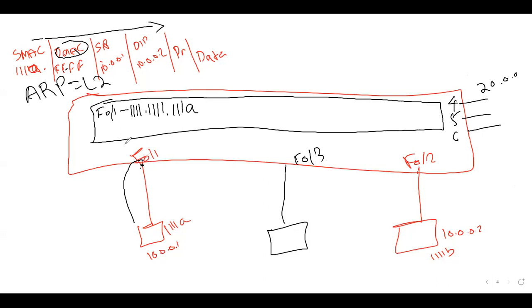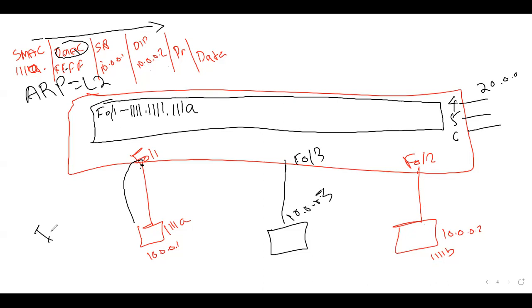Now, this will go to every port, F0/3, F0/2. The moment a system or any device connected to that port receives it, it will compare its own IP with the destination IP of the received info. Like for example, this is 10.0.0.3. This system compares its own IP with the destination IP of the received frame.